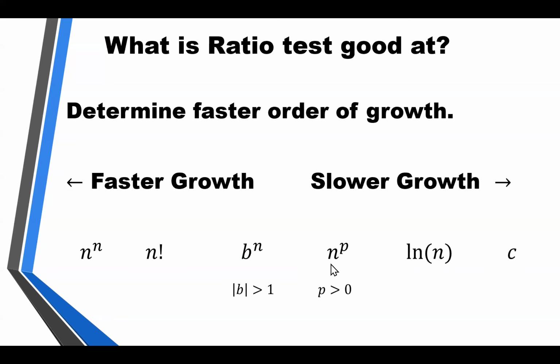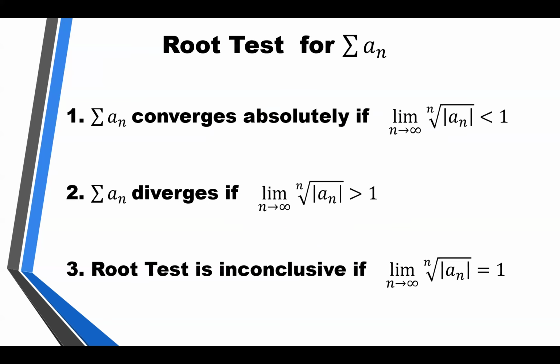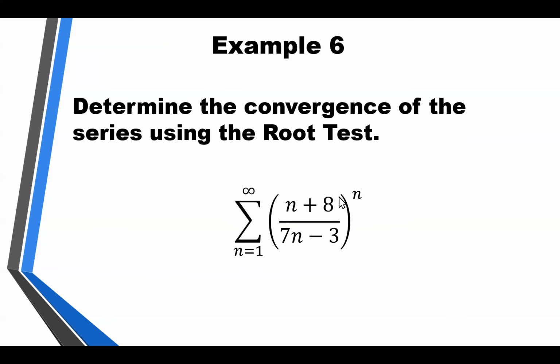The ratio test is not going to work if my fastest growth is an n to the p or less, obviously. The root test works really, really well when I have some expression being raised to an nth power. It can be used on other expressions, but not in a super easy way.